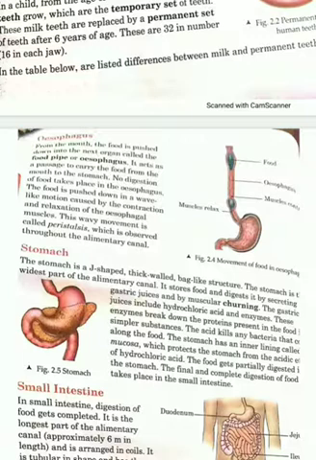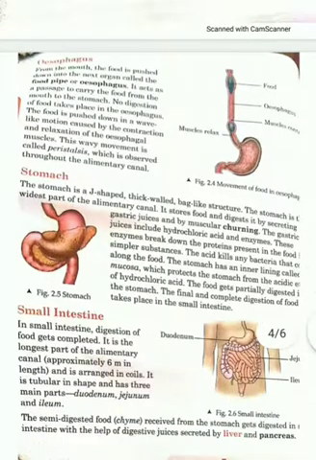When a child is of age group 6 months to 8 years, it has 20 milk teeth that grow, and after that these teeth are replaced by a permanent set of teeth. They are 32 in number, 16 in each jaw.